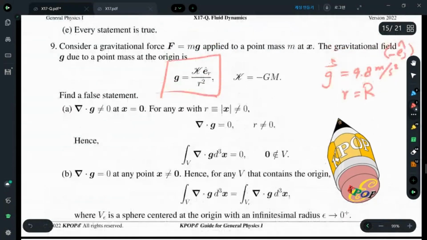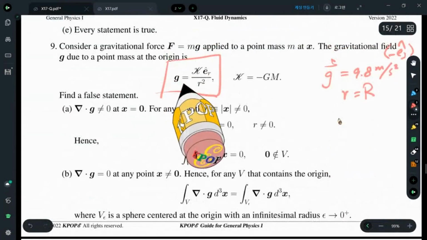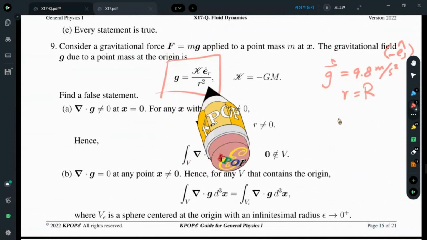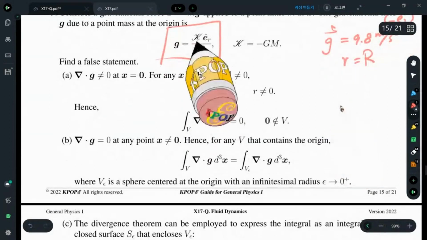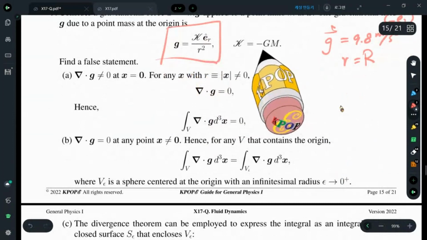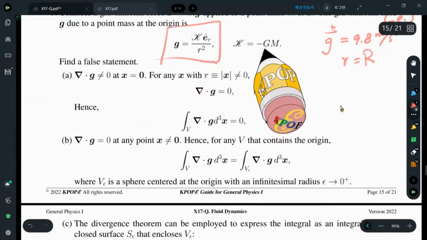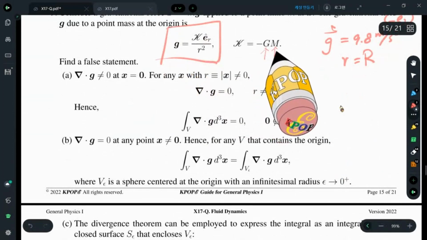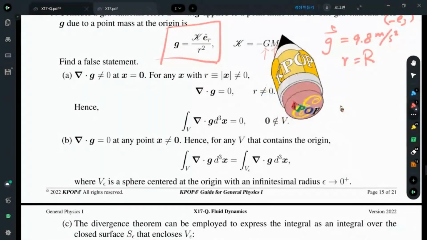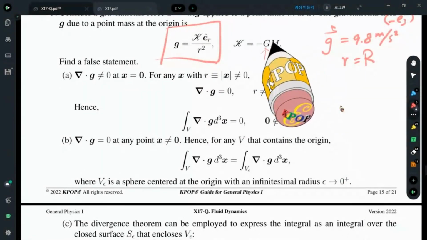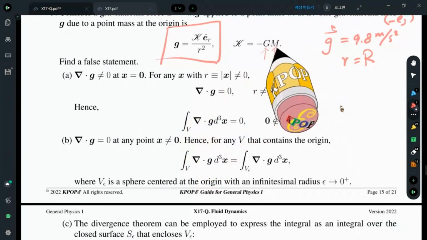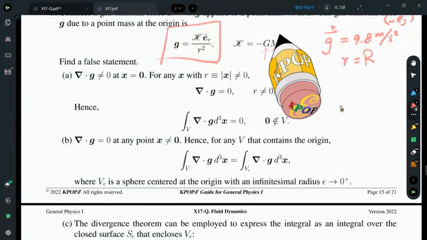However, in general, it is a function of radius. And there is a constant K that is minus the gravitational constant times the mass of the Earth, but it can always be replaced with any mass. It can be the mass of the sun, something like that.